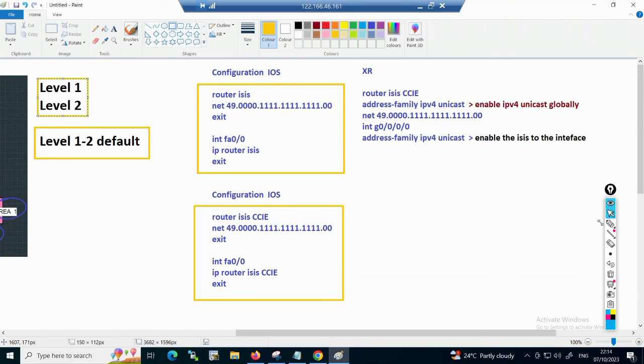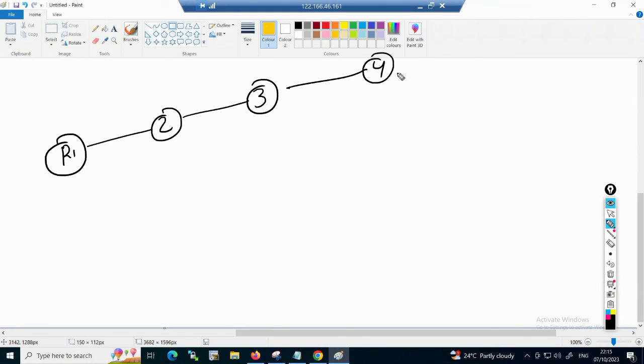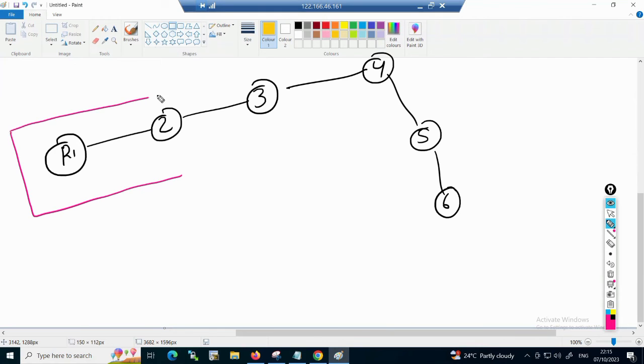For example, right? I'll just give one small example. This might be router number 1. This might be router number 2. This might be number 3. This might be number 4. Okay, this might be number 5. This might be number 6. So what I can consider is data 1 and data 2, as I told you that here we are putting the complete router as an area, not the particular interface, right? So I can call this guy area 0000, right?